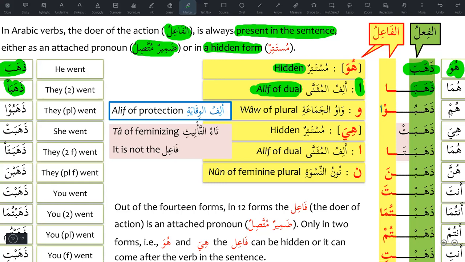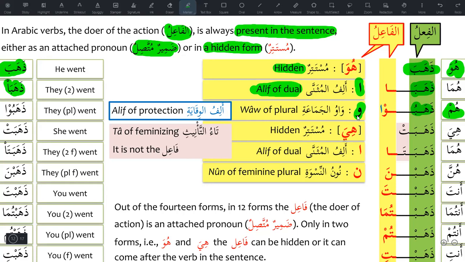For plural, now we are talking about the third person masculine, hum jama. Zahabu is the verb here.